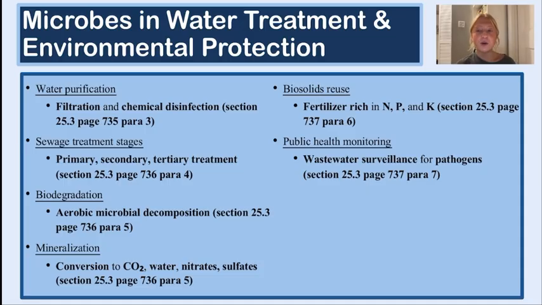This microbial metabolism converts the complex waste into simpler compounds like carbon dioxide, water, nitrates, sulfates, and phosphates. Then the remaining solid material, called biosolids or sludge, is often reused as fertilizer because of its high nutrient content. This makes it a more sustainable alternative to just throwing it away.